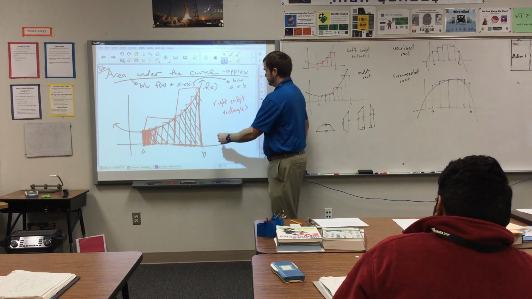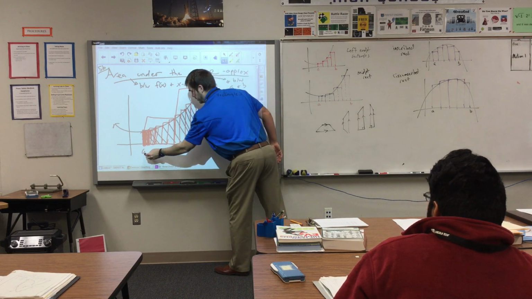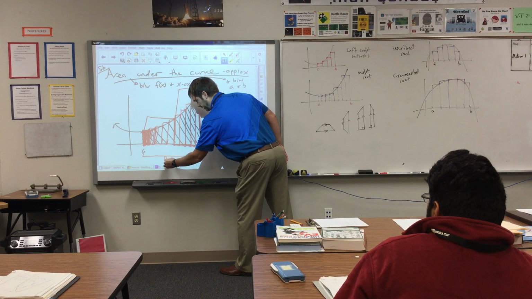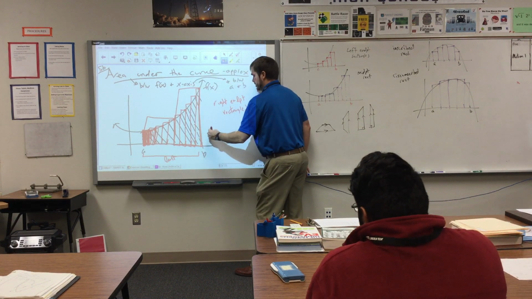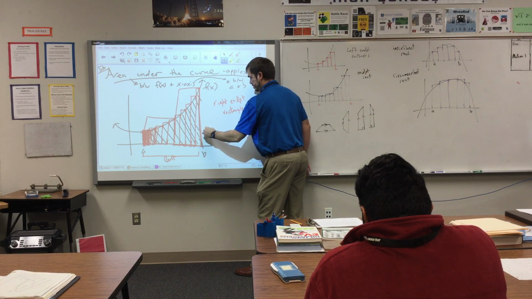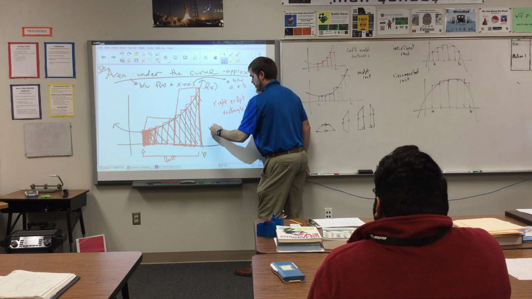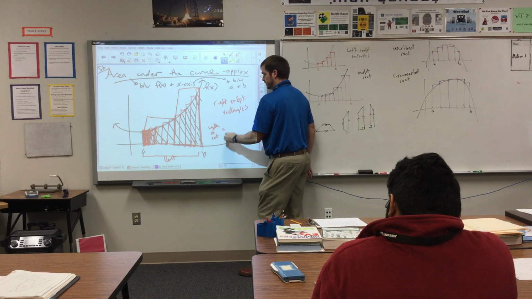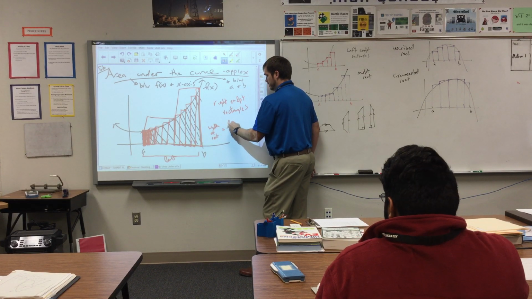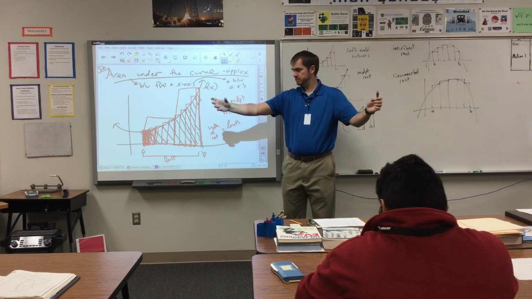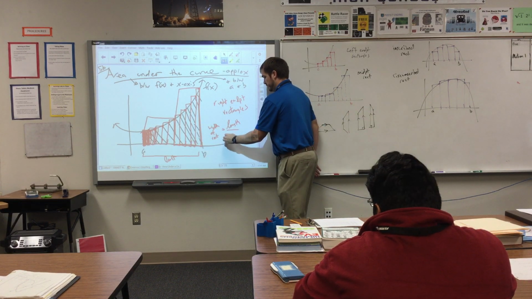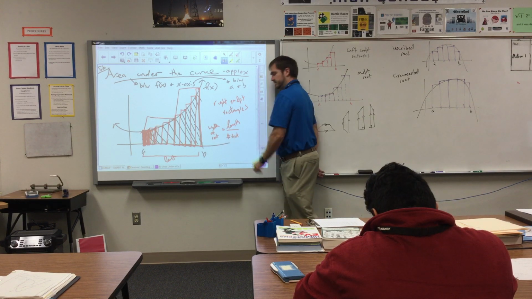All right, and here it is. It's whatever the distance here is, the length. So the width of a single rectangle equals the whole length divided by the number of rectangles.